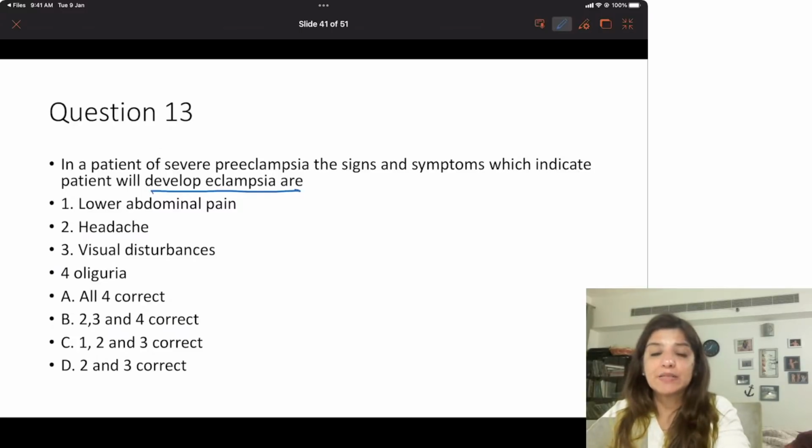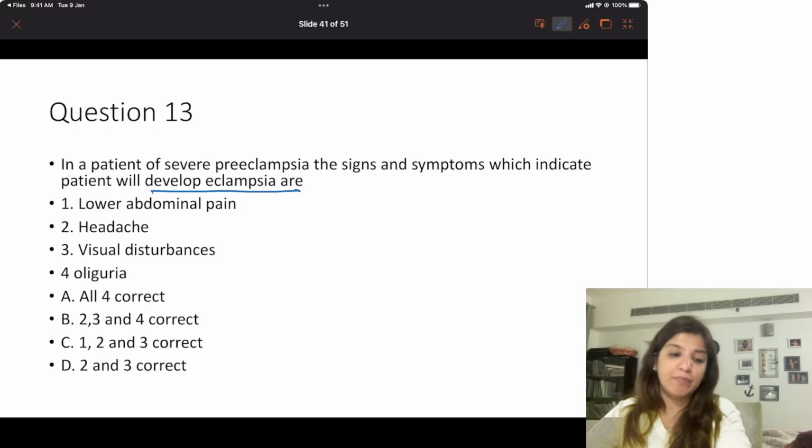So what are the signs and symptoms of impending eclampsia in a patient of severe preeclampsia? 1, lower abdominal pain. Number 2, headache. Number 3, visual disturbance. Number 4, oliguria. Okay, tell me. So you are saying all 4 are correct.